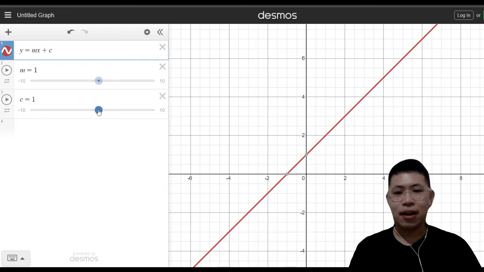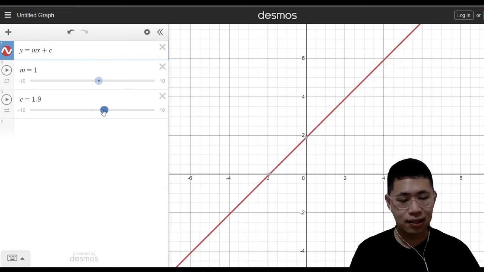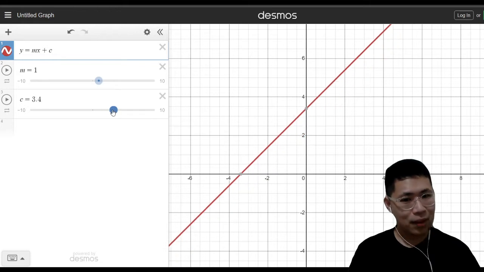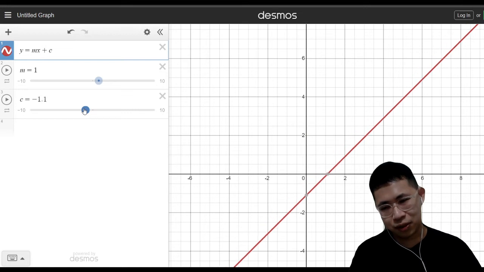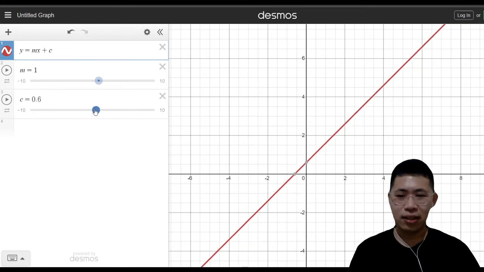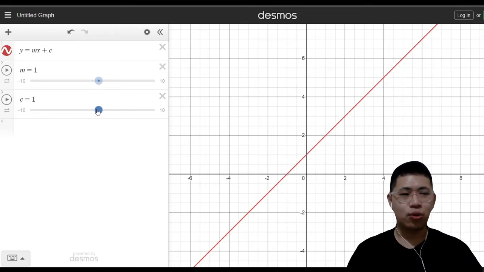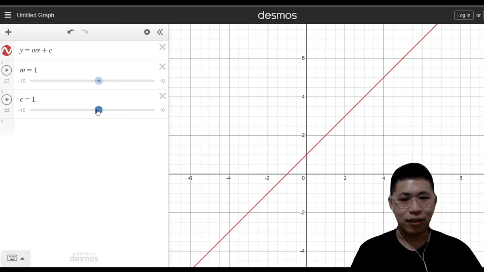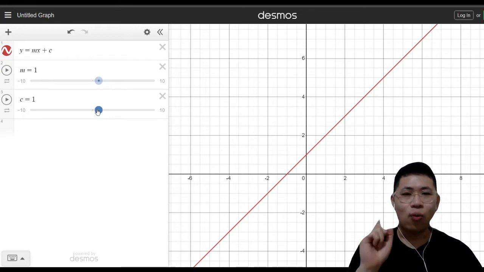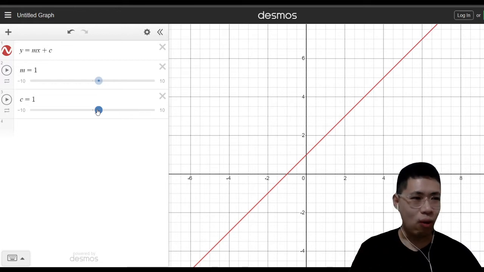For c, if I were to move c upwards, the graph goes up. If I were to move c downwards, the graph goes down. So c controls the position of the graph. But there's another meaning to c: c is actually the y coordinate when the line passes through the y-axis.